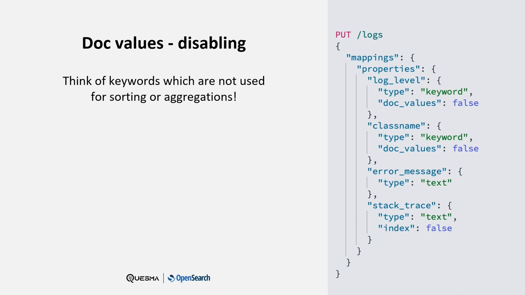Doc values are designed to enable sorting and aggregations, but the cost is introducing a totally separate sort of columnar, document-to-value style data structure, which is additionally built at indexing time. So that's the cost that you have to pay. However, you can also disable that. And if you think of keywords which are not used for sorting or for aggregation, that's the way to go.